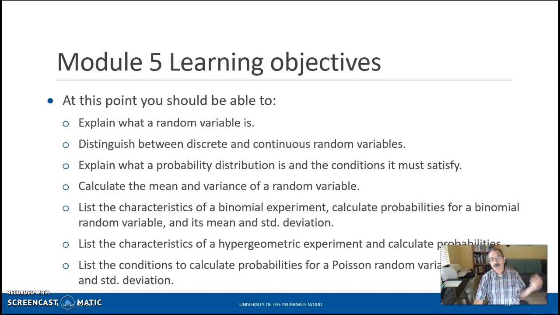So you should be able to explain what a random variable is, distinguish between a discrete and a continuous random variable, explain what a probability distribution is and what conditions it must satisfy, calculate the mean and the variance of a random variable, list the characteristics of a binomial experiment, calculate probabilities for a binomial random variable, its mean and standard deviation, list the characteristics of a hypergeometric experiment and calculate probabilities, list the conditions to calculate the probabilities for a Poisson random variable and its mean and its standard deviation. So we're finished with Module 5.